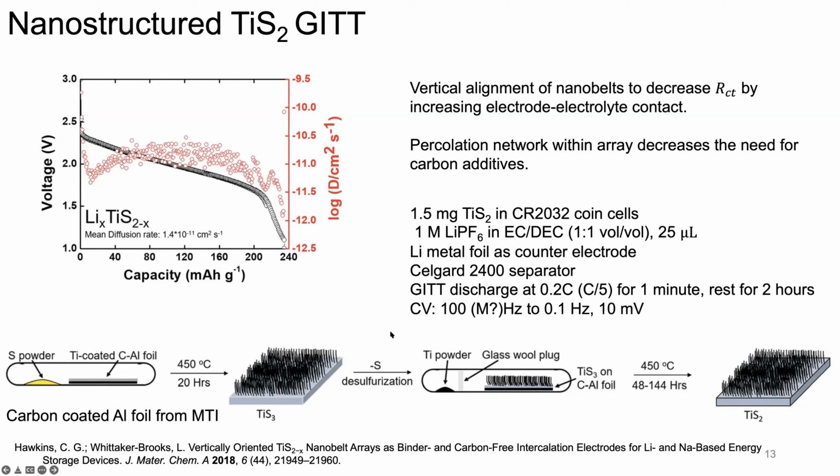So pretty standard conditions. So you can see that even so, between studies and nanostructuring, the diffusion coefficient for one particular material can vary quite widely based on measurement technique as well as morphology.